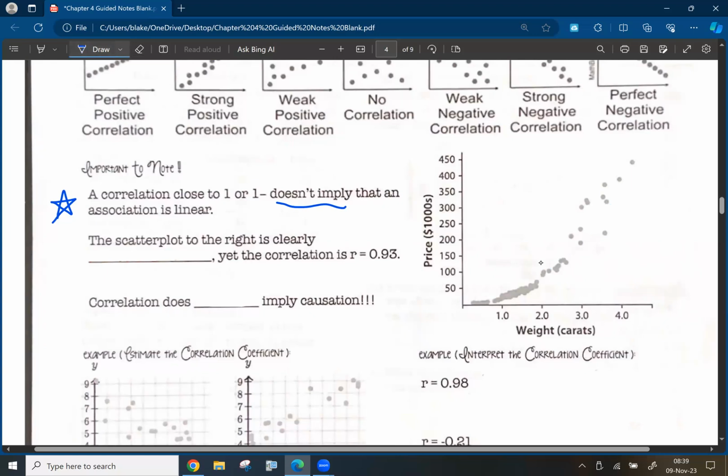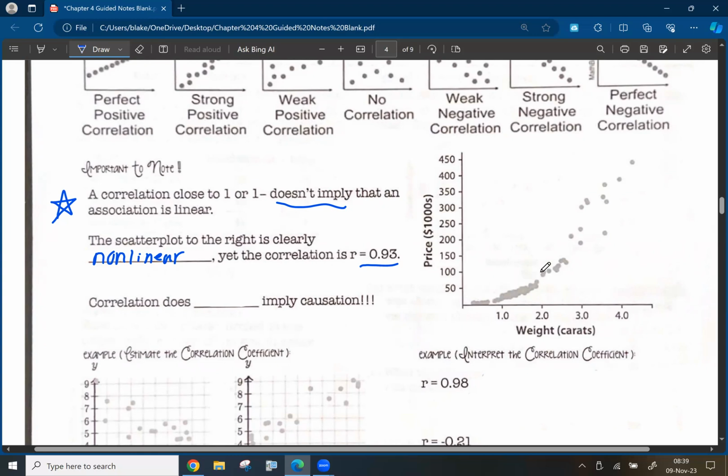However, its correlation coefficient is still 0.93. That's still a very high correlation. So you would think it's a very strong correlation, but it's not linear. Just because it's a high correlation doesn't necessarily mean that linear is the best fit for it.